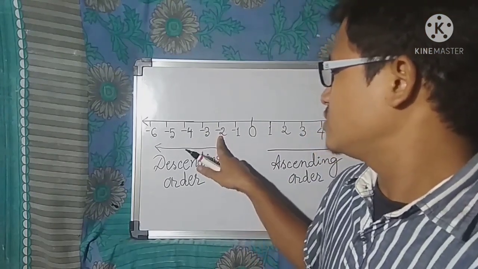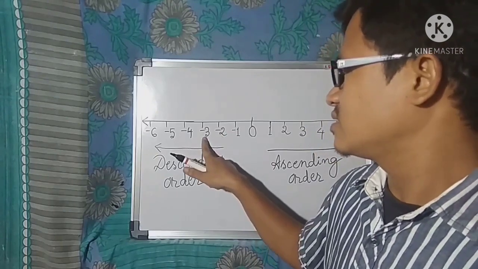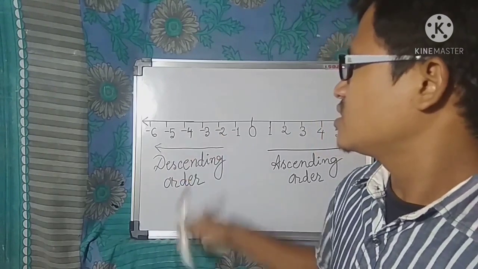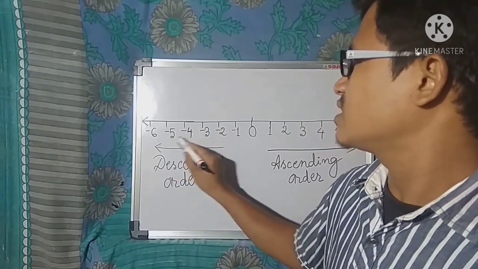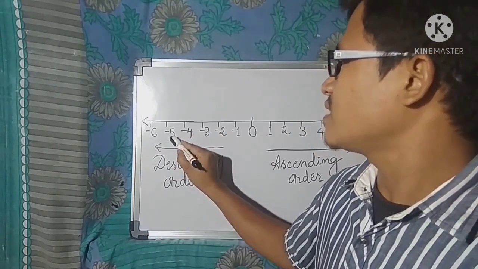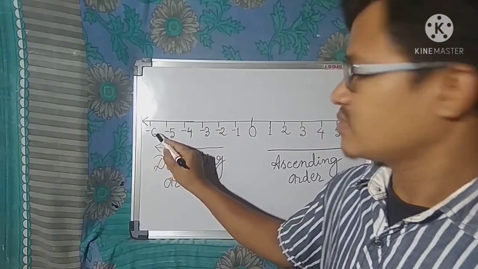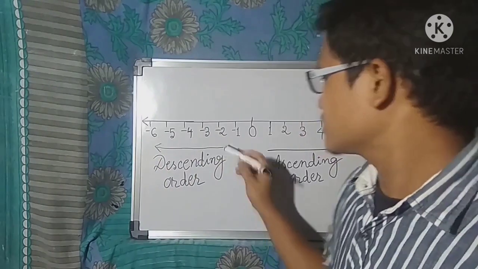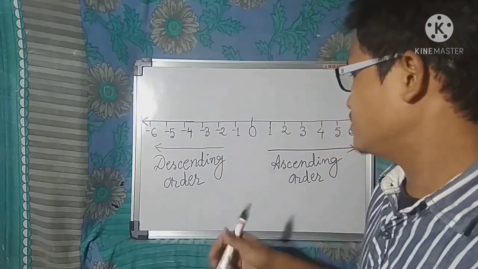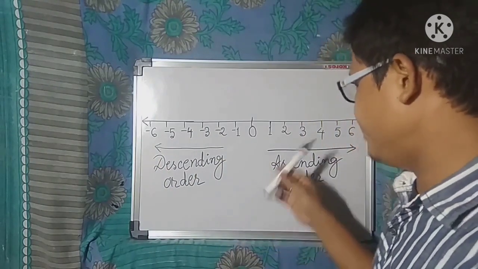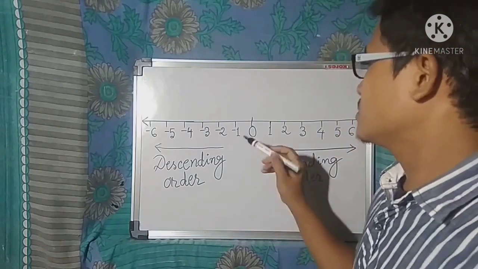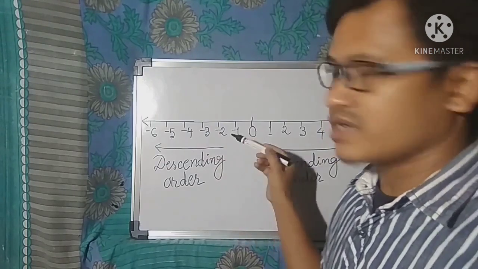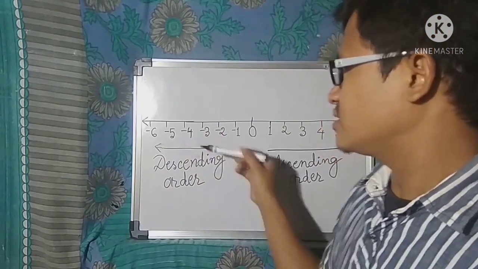Again, -2 is greater than -3. -3 is greater than -4, and -4 is greater than -5. -5 is greater than -6. Did you understand? Did you get my point? Means negative integers are gradually decreasing.